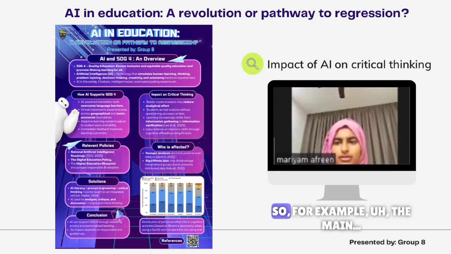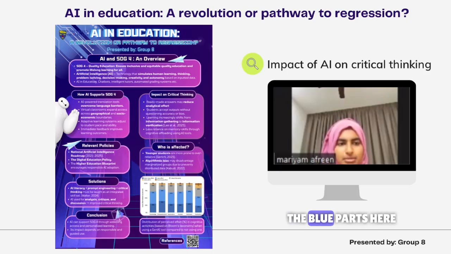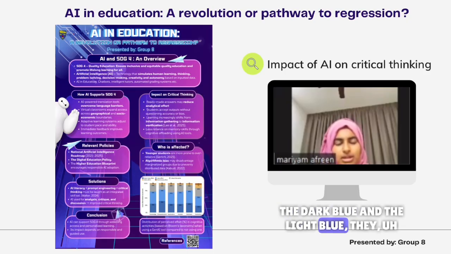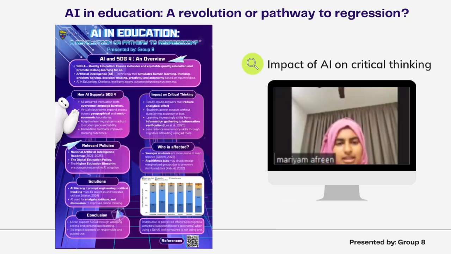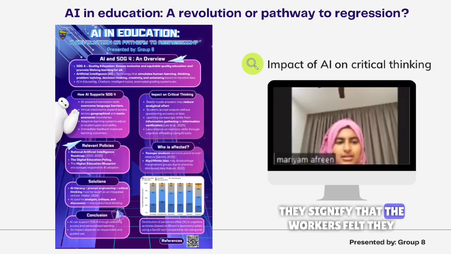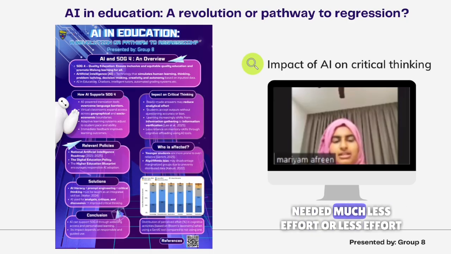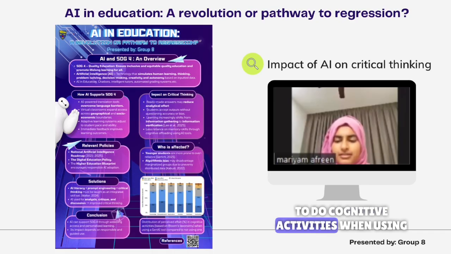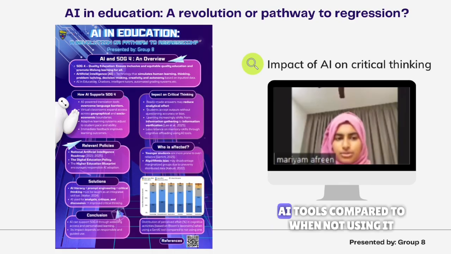For example, the blue parts here, the dark blue and the light blue, signify that the workers felt they needed much less effort or less effort to do cognitive activities when using AI tools compared to when not using them.